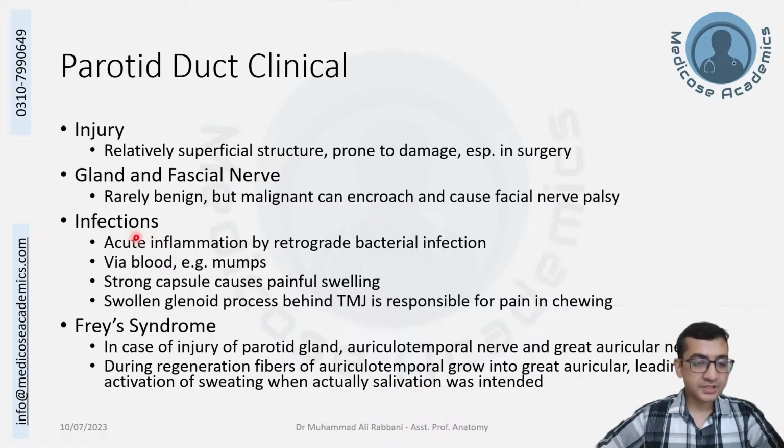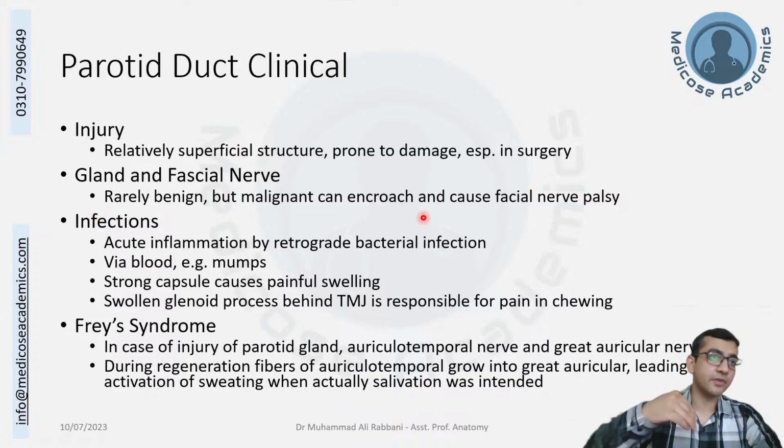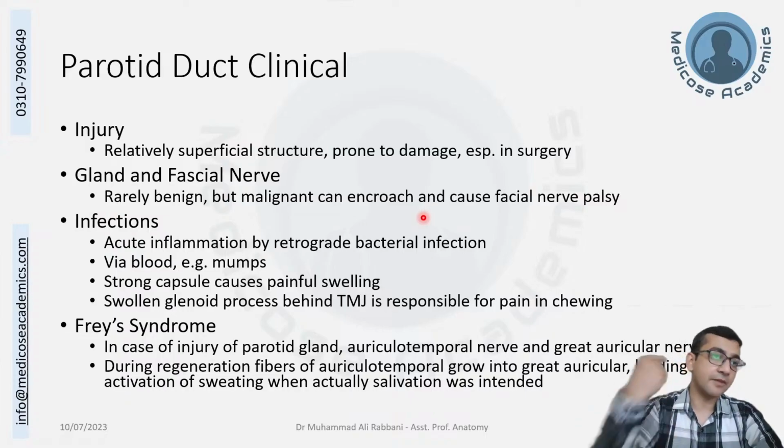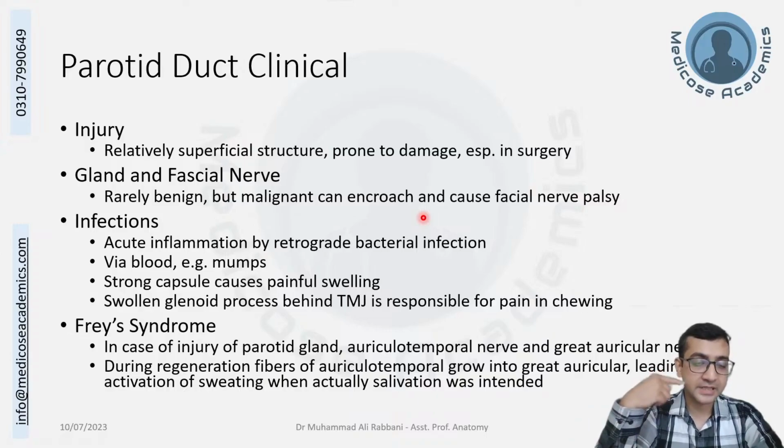Bacterial infections can occur in the parotid gland and parotid duct, possibly due to recurrent infection. There was an infection in the oral cavity, and the infection went back through the opening inside the cheek and infected the duct and gland.